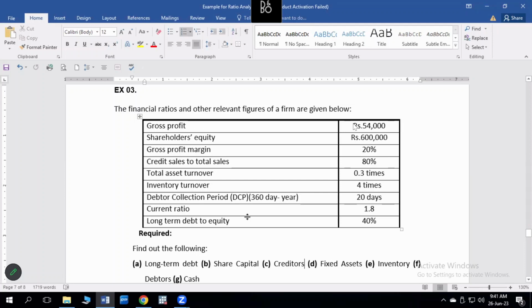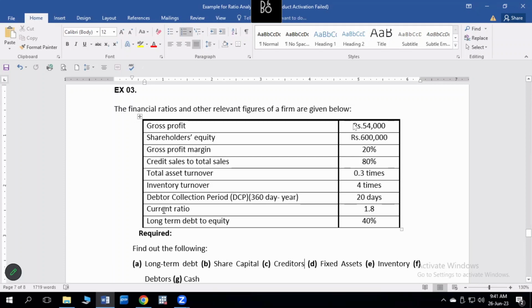So first you want to calculate how much the current liabilities are, then out of that find the creditors. It would be challenging to calculate the current liability.